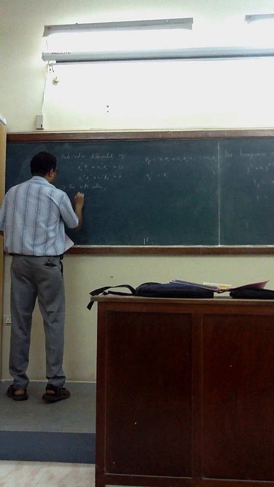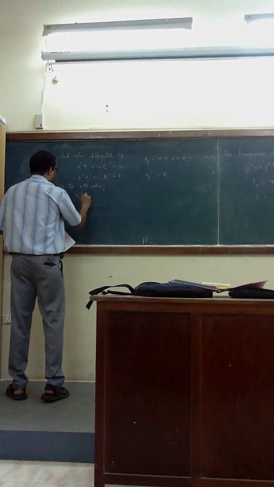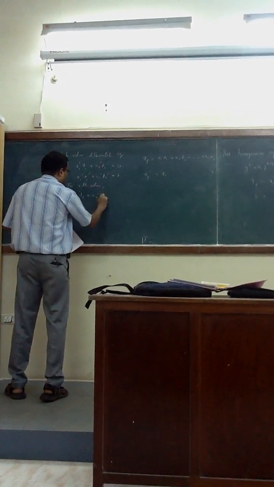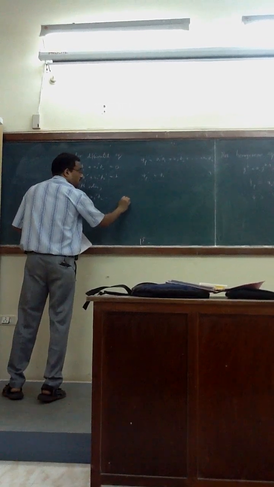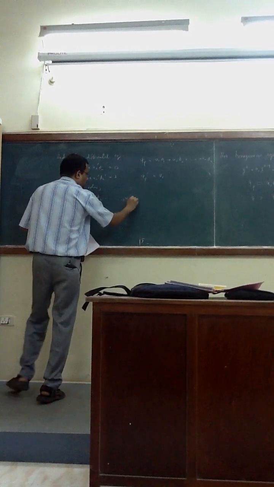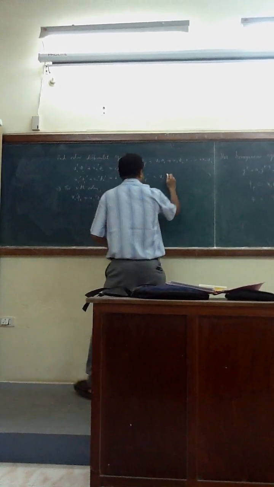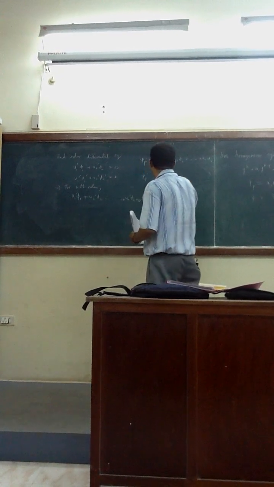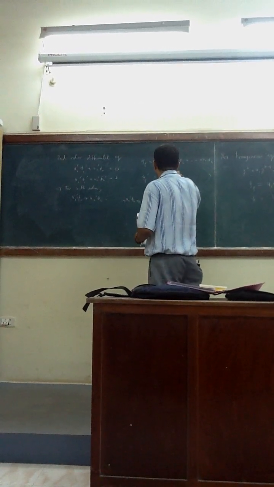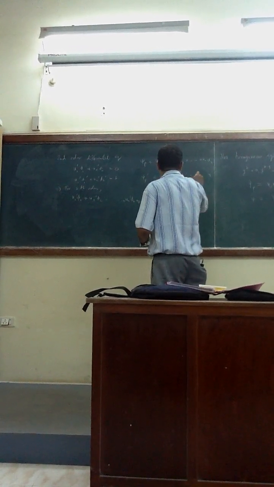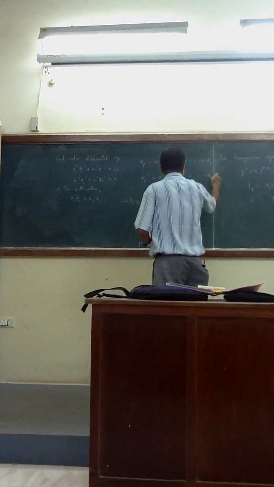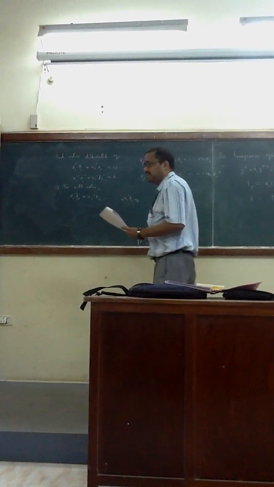What I am assuming is u1' phi 1 + u2' phi 2 + ... + un' phi n = 0. If I assume that, psi p prime will be nothing but u1 phi 1' + u2 phi 2' + ... + un phi n'.